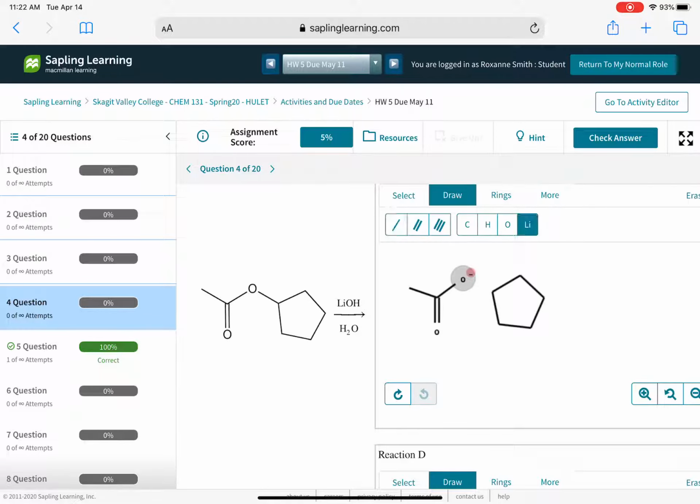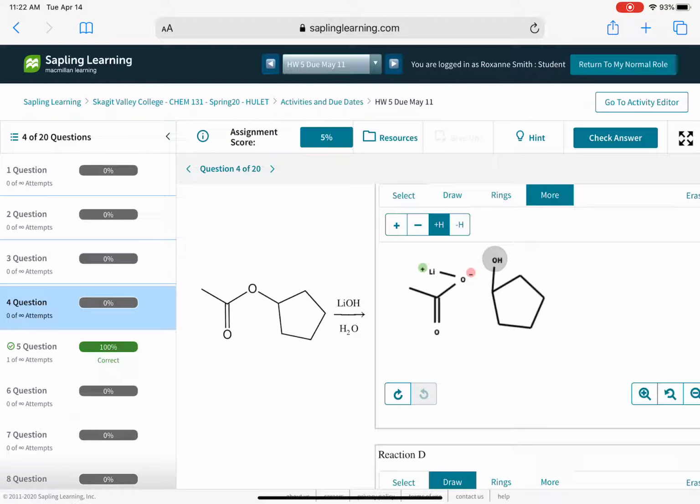And there's going to be a lithium there. Oh, I wasn't expecting that to happen. Maybe I have to make a bond to the lithium. We'll try that. And the lithium's got a positive charge. And then for my ring, I've got to put an OH on there. Now, I don't know if it wants that oxygen-lithium bond, so we'll see.